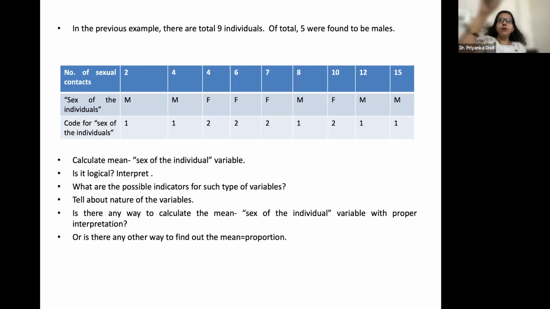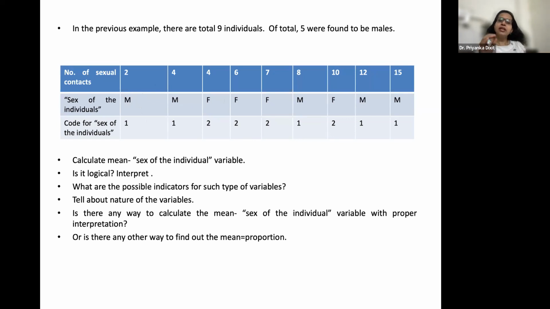So I have prepared the second information, male, male, female, female, like that, if you could see. For the purpose of analysis, I have given codes. If the person is male, I have given 1. If the person is female, I have given 2. Okay? So this is just a code.